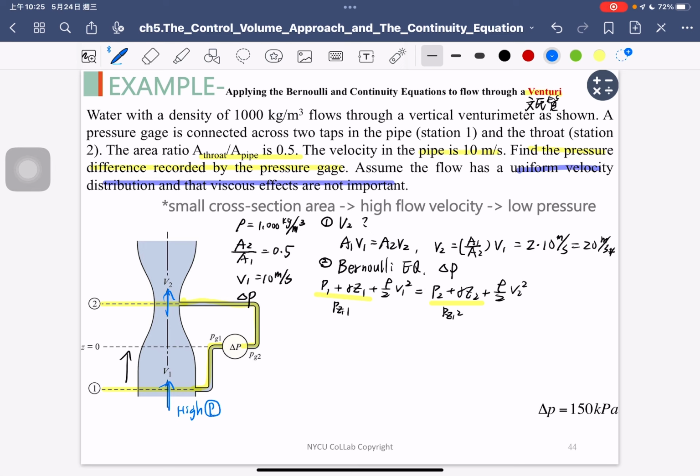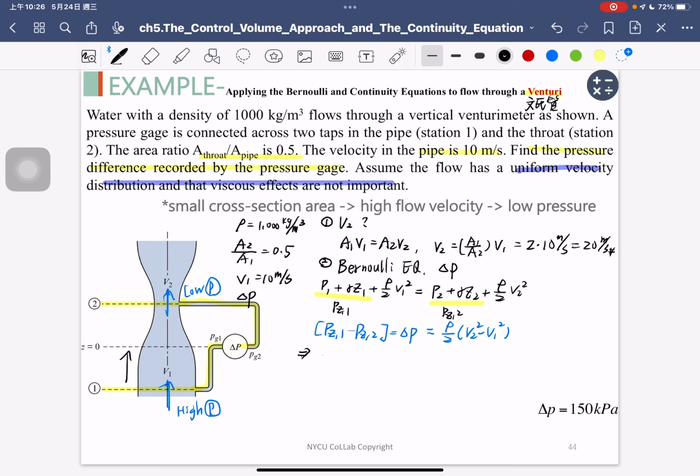Because the higher pressure will move to the lower pressure region. So the piezometric pressure 1 minus the piezometric pressure 2 is equal to delta P, which equals rho over 2 times V2 squared minus V1 squared. And we just put all the numbers into the equation.